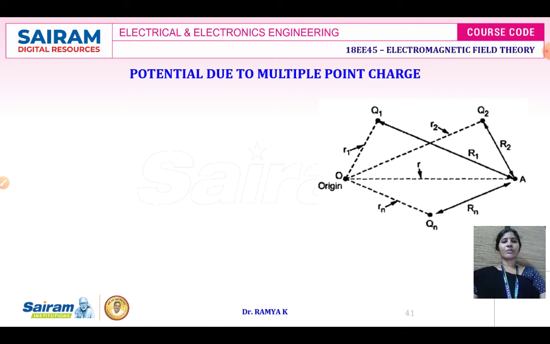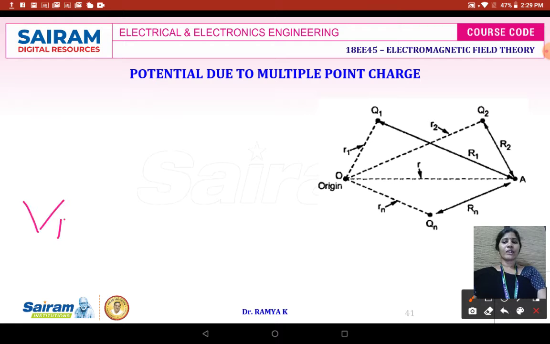If you have multiple point charges, what is going to be the potential at that particular point? Here the point charges are going to be Q1, Q2, up to Qn. So we have n number of point charges and point A is the place where we want to identify the value of the potential. Therefore at point A we will get potential V1A plus V2A plus, and it goes on till VnA.